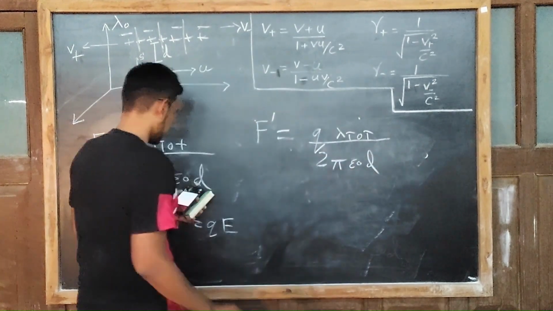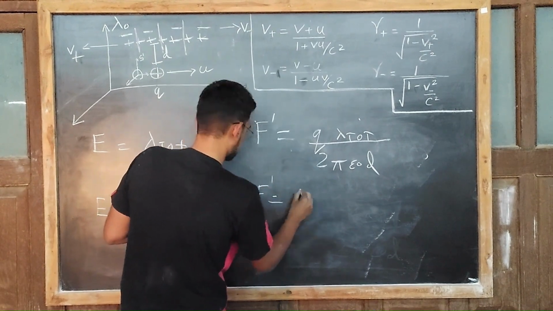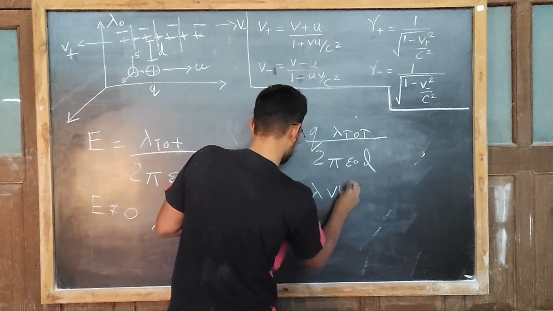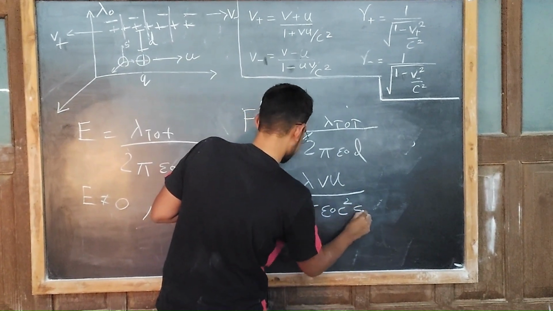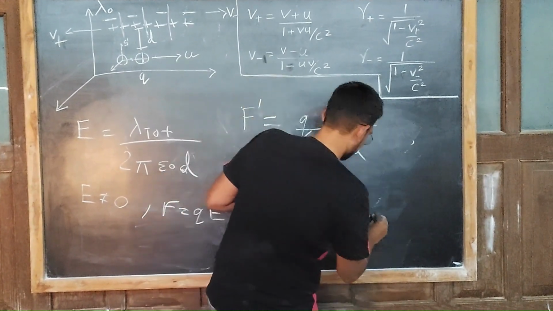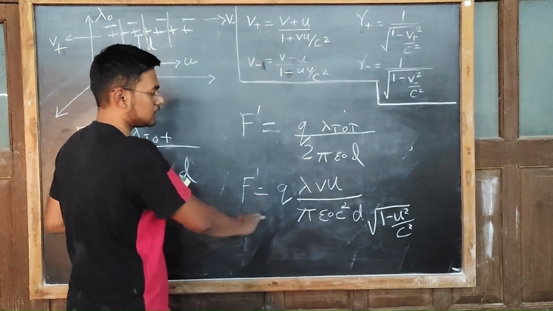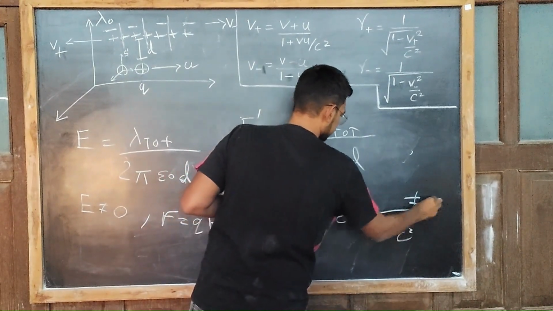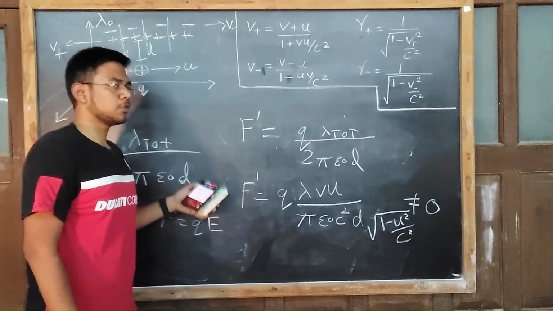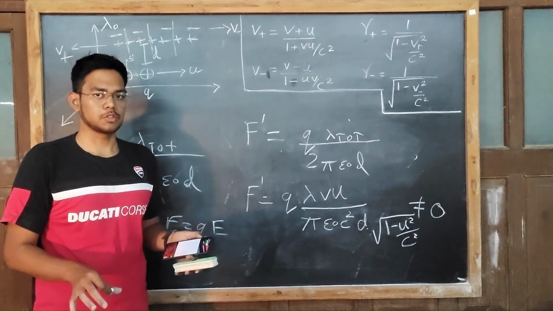Putting in the value of lambda total, we get F prime to be Q times lambda v u divided by pi epsilon naught c square d under root 1 minus u square by c square. You can see all the values are positive over here, hence F prime is non-zero. Hence there is some electric force in this frame, whereas in case 1 there was no electric force.